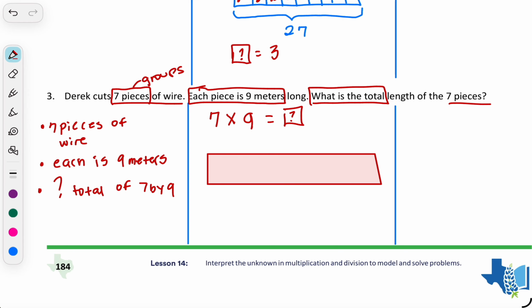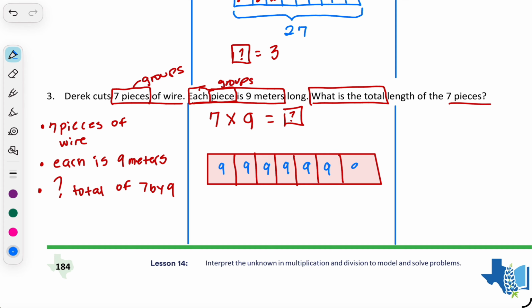Because it says each piece, and if we said pieces was groups, each group is 9 meters. So that means we're going to have to put the 9 inside of each group. 1, 2, 3, 4, 5, 6, and then that makes 7. And I'm going to put 9 in each.